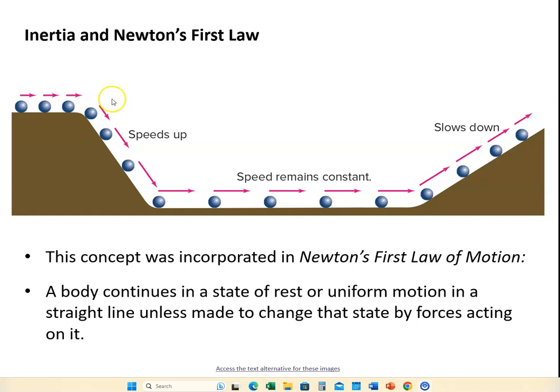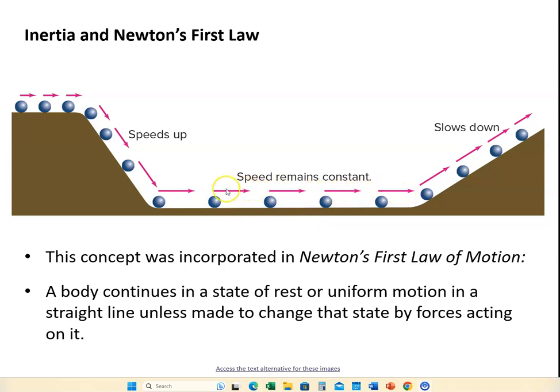All right, so notice when the ball is going down the inclined plane here, the speed is increasing, right? The speed is increasing and increasing until it gets to the bottom. And then let's say it makes a nice smooth transition here, and as long as it's moving on this flat surface, it's going to go in a straight line with exactly the same velocity.